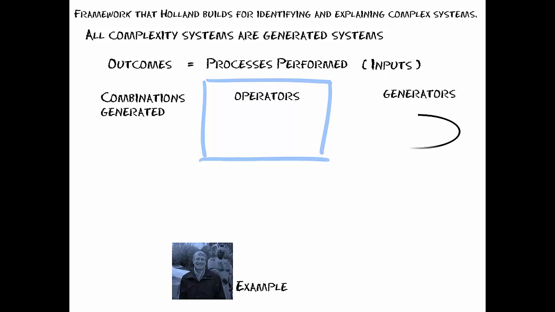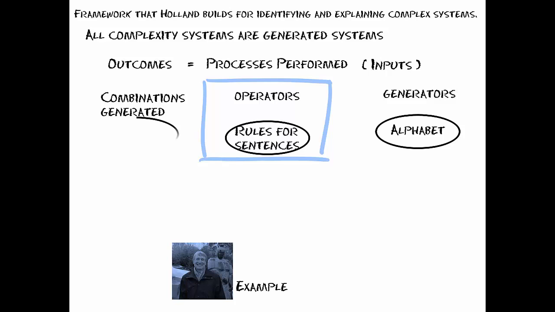The way he does that is he says, okay, you have the alphabet, and then you have a bunch of rules for sentences, and you have sentences that are generated. The reason he's saying this is complex is that the sentences that come out can be an unlimited number of different kinds of sentences, formulated just by working with the 26 letters of the alphabet in English anyway.